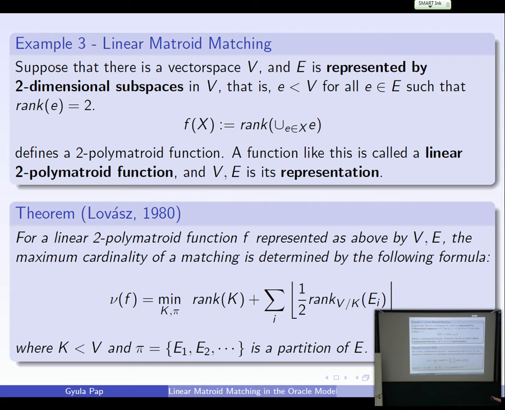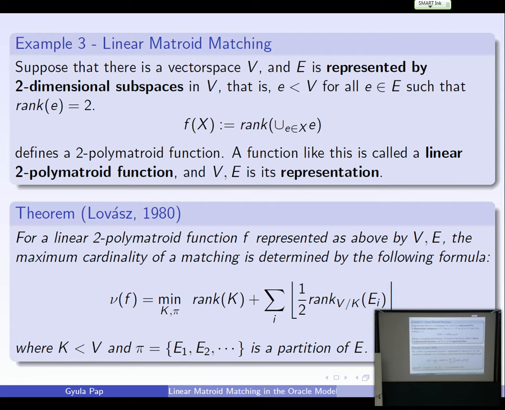And the thing is that we cannot do this in the oracle model. In the oracle model, we would only have the rank function, but not the linear representation of these subspaces. We can end up with this subspace K from the representation.